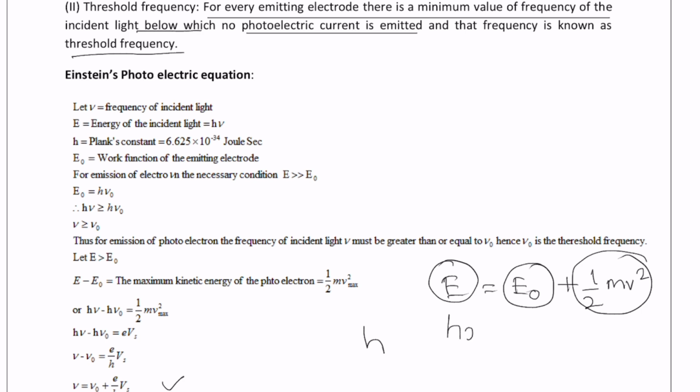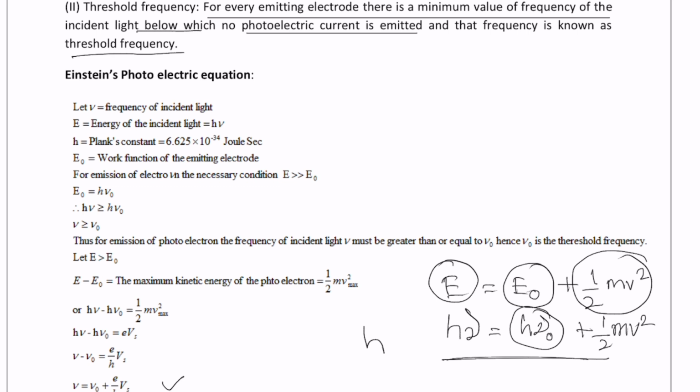If h nu is the energy of the incident light, h is Planck's constant. If threshold frequency is nu 0, then the work function, that is the minimum energy required to emit the electron, is h nu 0, and the remaining part of it is half mv square. So this is called the Einstein photoelectric equation, correct?